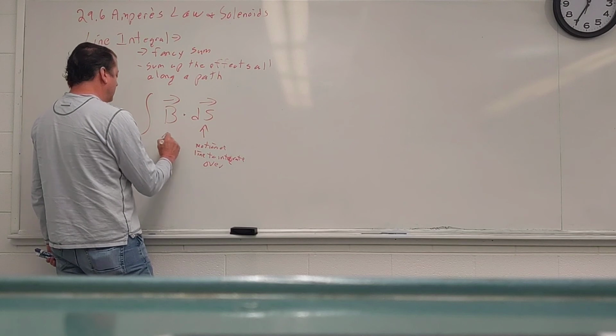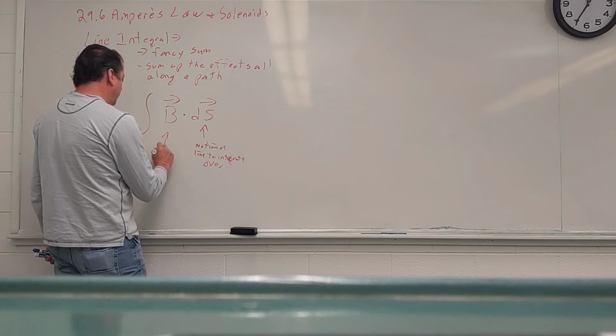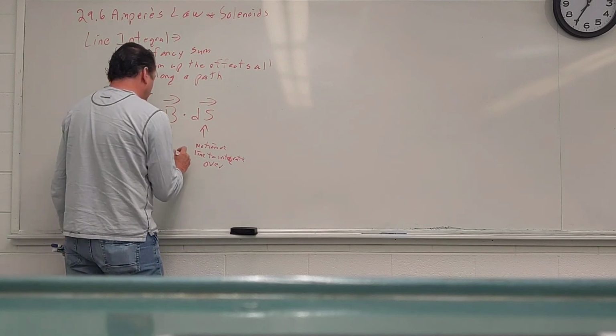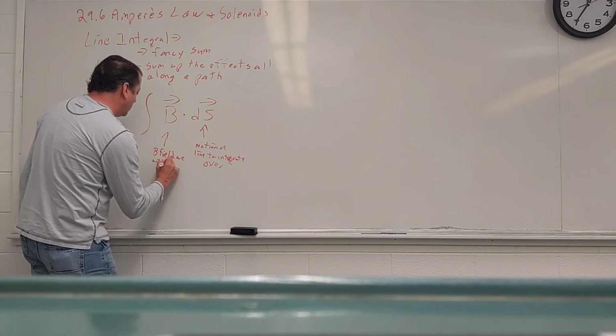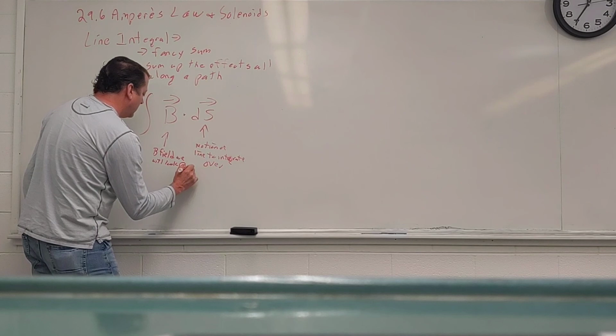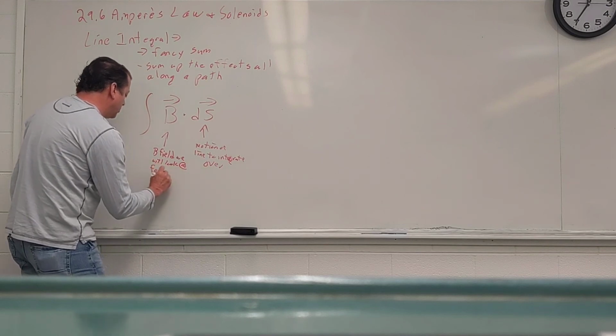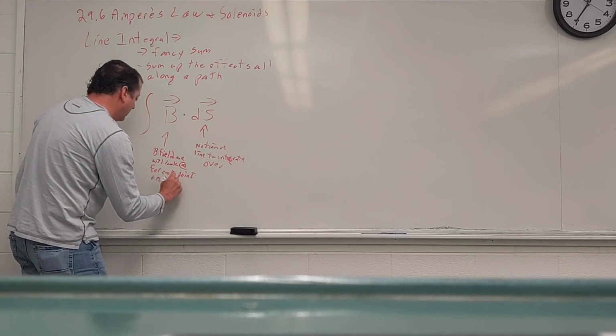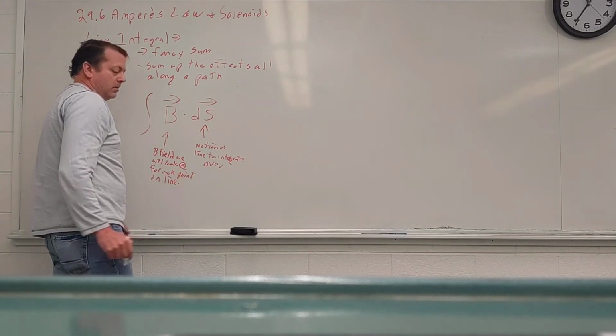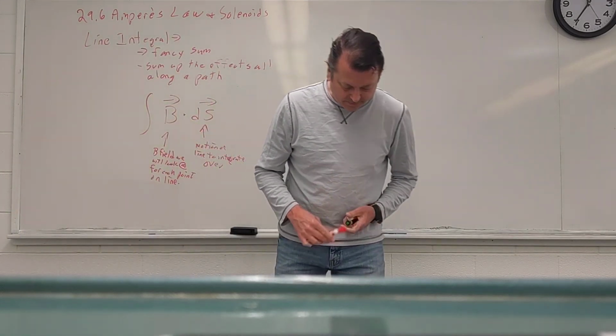And this is the B field we will look at for each point on the line.